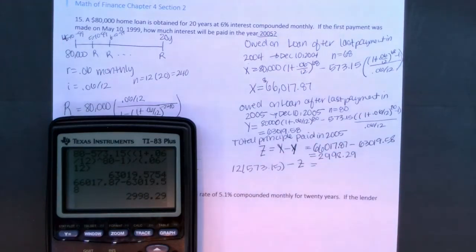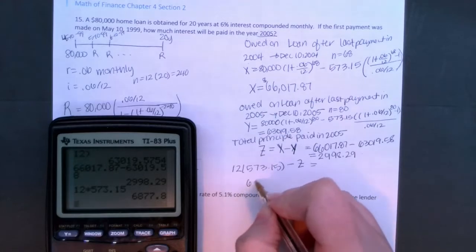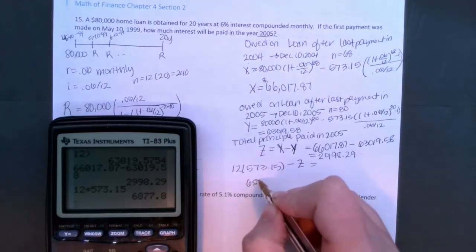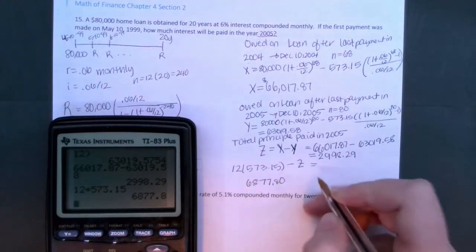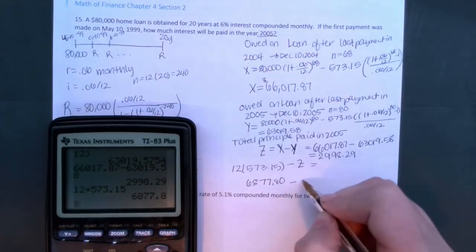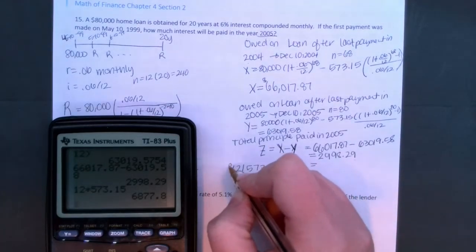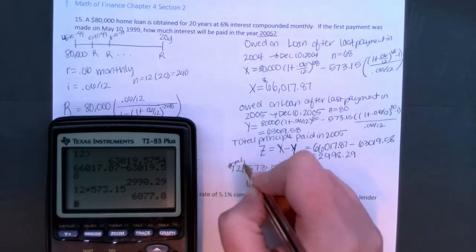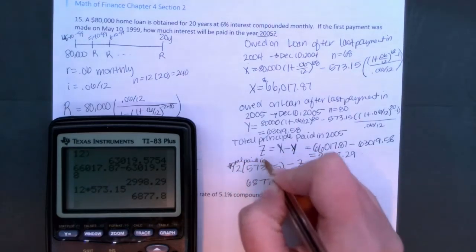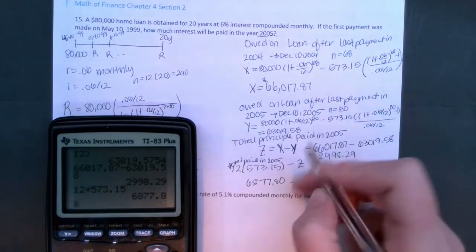So then we've put in 12 times 573.15, because that's all the payments that we made in that year. So that's $6,877.80 minus the principal that we paid. So again, this is total payments, total paid in 2005.